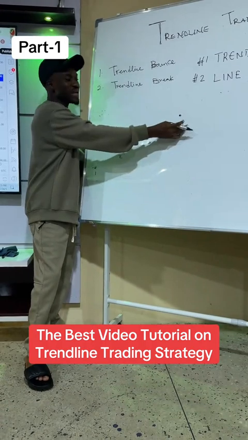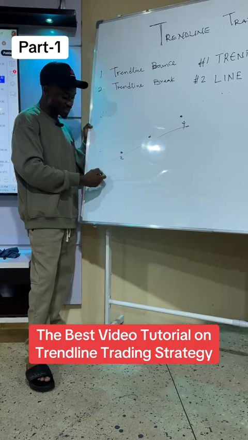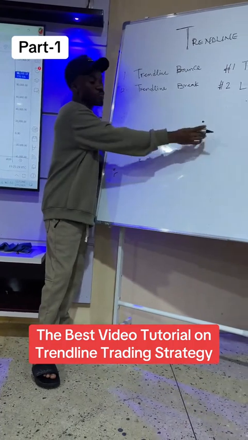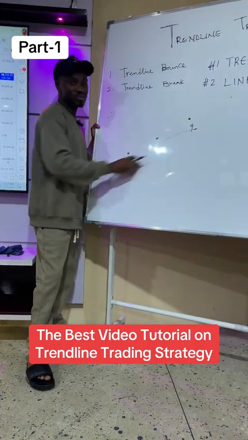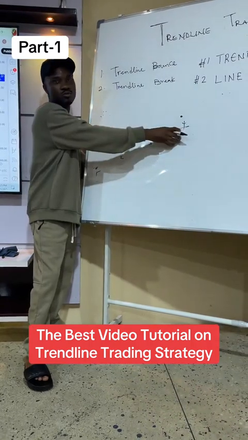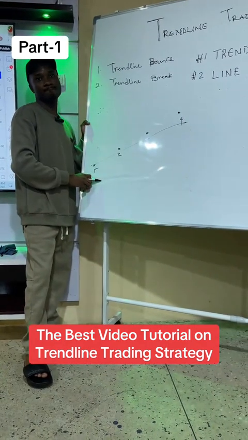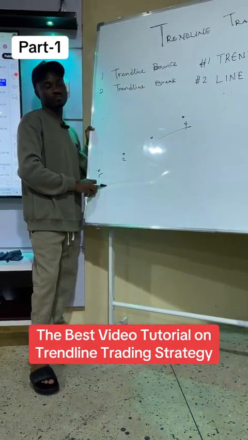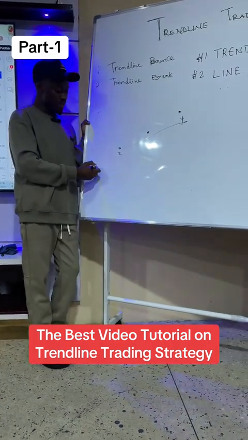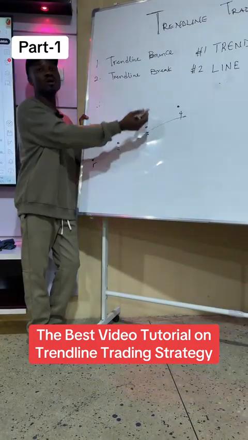When you do this, this helps you to focus on the most recent highs or lows, and you ignore the past level because the current level is more sophisticated or more powerful, although you can use the previous to forecast the future. But in terms of trend line, you focus on the current and you draw it backward. Because most times, when you connect your trend line from the left, you focus only on the past and ignore the current.